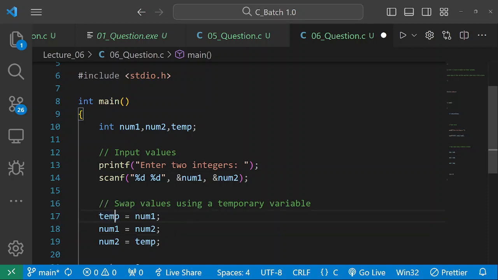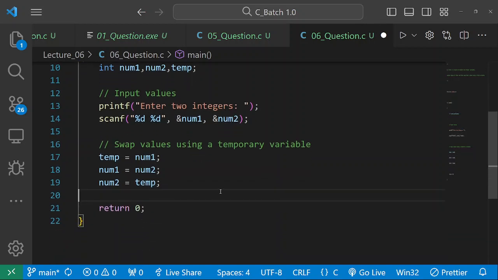Temp is containing the value of num1. In the next step, the value of temp is assigned to num2. Again we have swapped this.